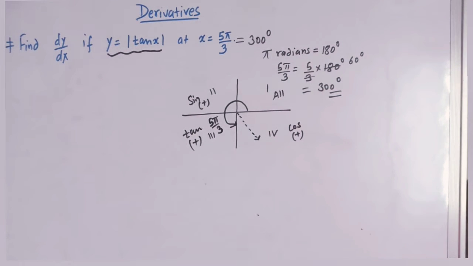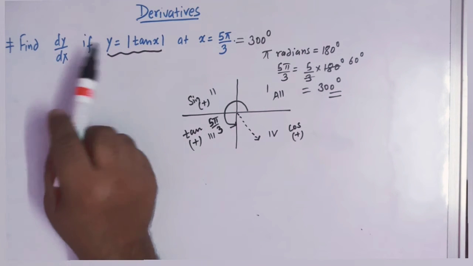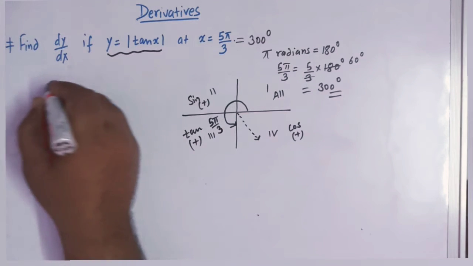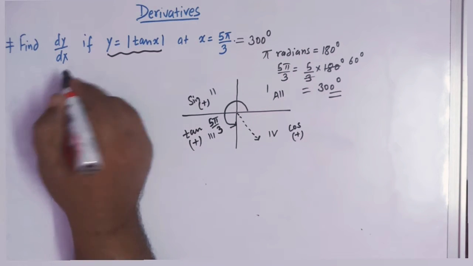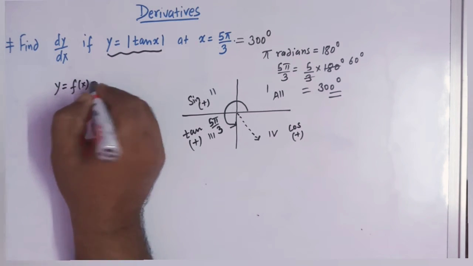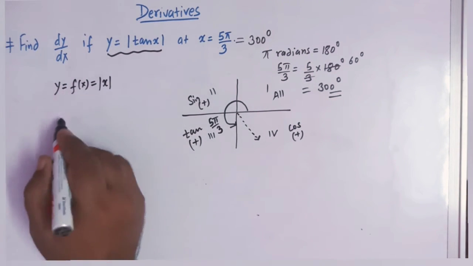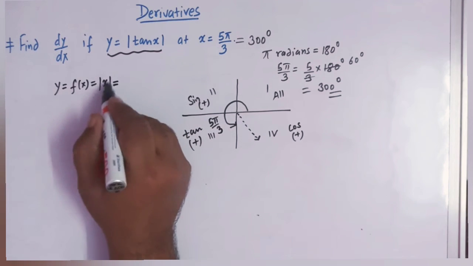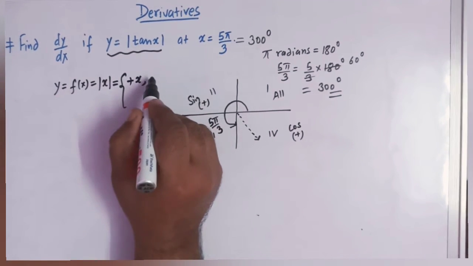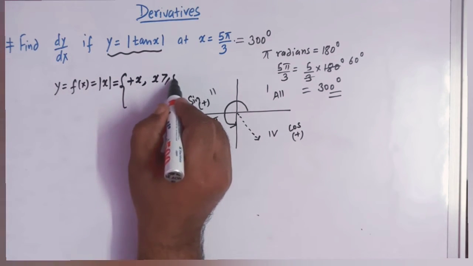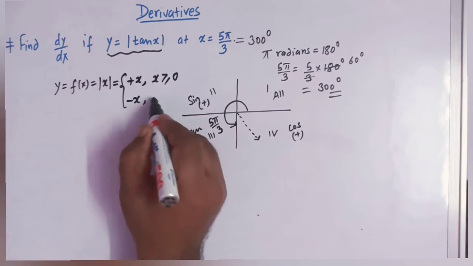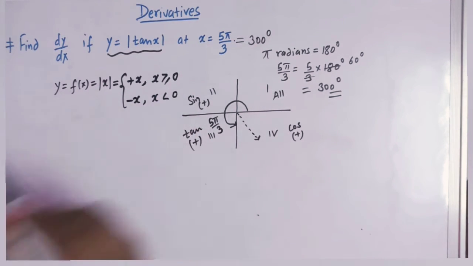Now here we have to make use of the definition of the absolute value function. If we have a function y = f(x) = |x|, then |x| takes the value x whenever x is greater than or equal to 0, and |x| is equal to minus x whenever x is less than 0.